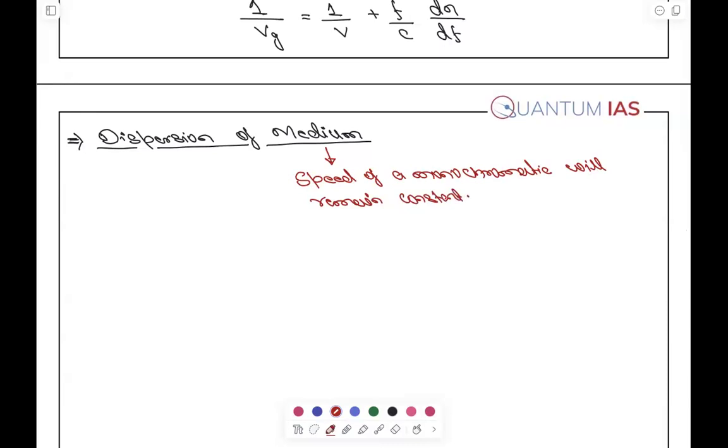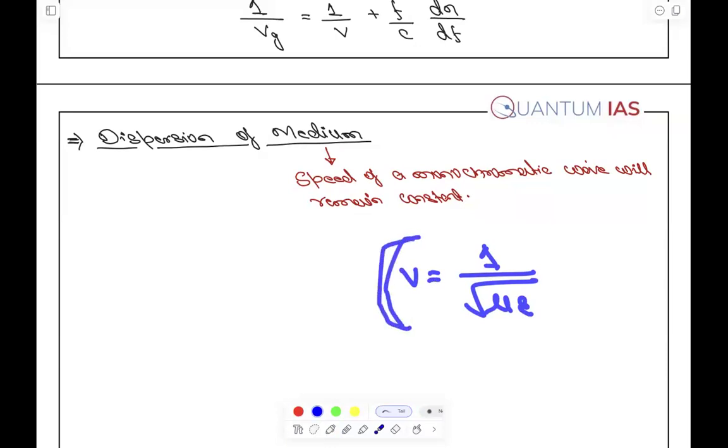Yes or no? If we consider light as a wave, then the characteristic should depend upon permeability and permittivity of the space, right? Such that 1 upon, what is it? It is root of mu epsilon, yes or no? I hope you guys know these things. So velocity of light in a medium is 1 upon root mu epsilon. But if I take it as a whole, that the speed of a monochromatic wave will remain constant, then we consider that to be a medium.